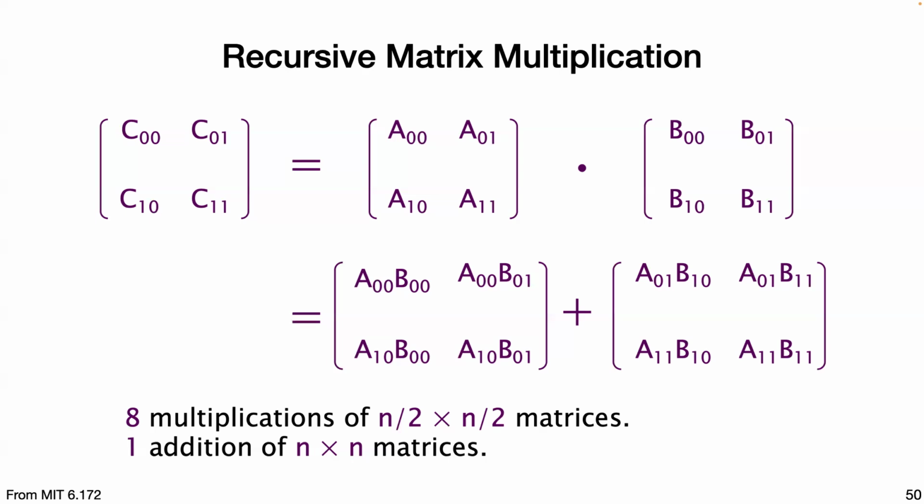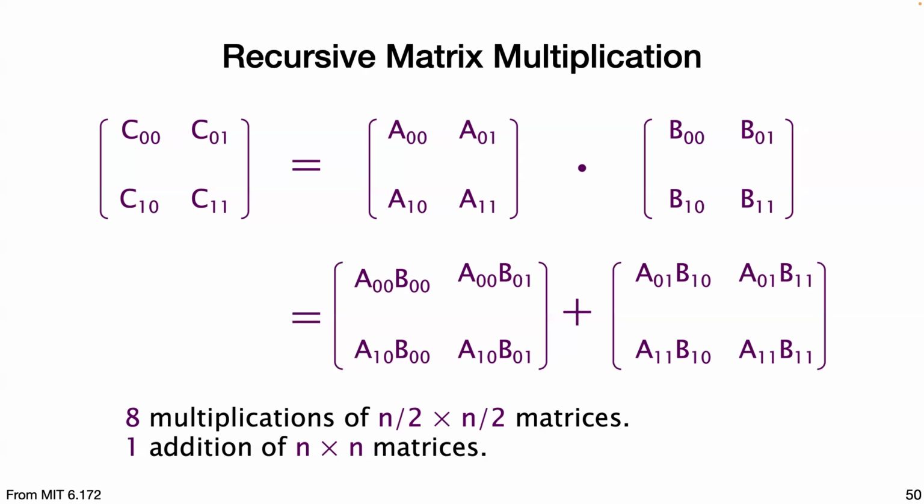To multiply them, we can cast it as 8 recursive matrix multiplications. So this is A00 times B00, A00 times B01, and so on. And if we add these 2 up, then that would be the result of what we want to put in C. That is 8 submatrix calls, 1, 2, 3, 4, 5, 6, 7, 8, and 1 matrix addition.